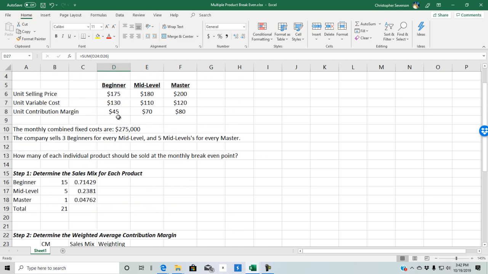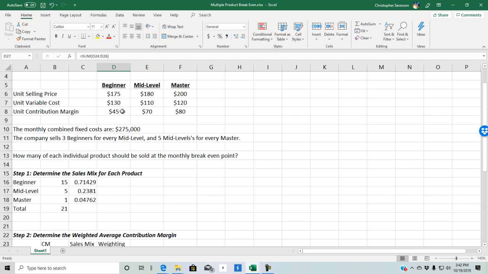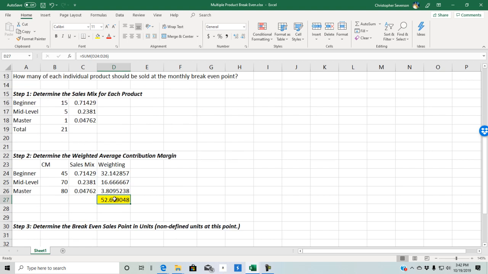So you would expect the weighted average to be skewed closer to this beginning level by quite a bit. 52 is certainly much closer to the beginner than it is to either of these other 2. This is basically our weighted average contribution margin that we're going to be using. And we'll see where this comes in later on.